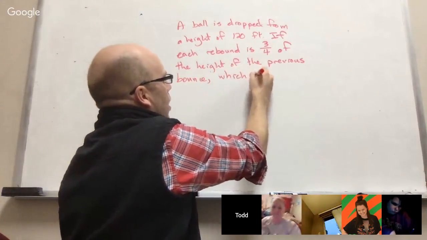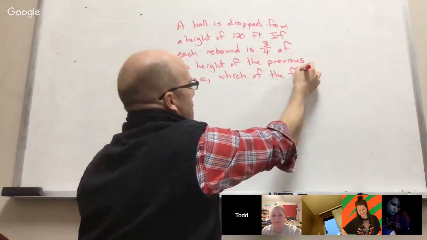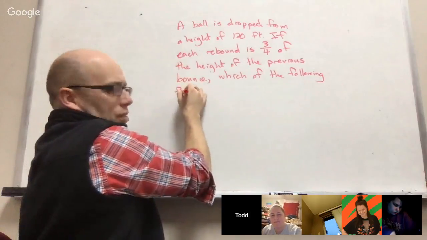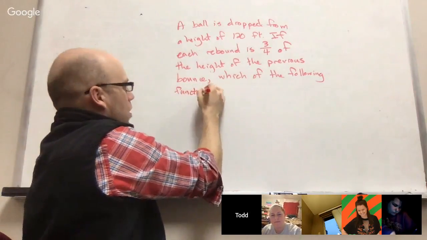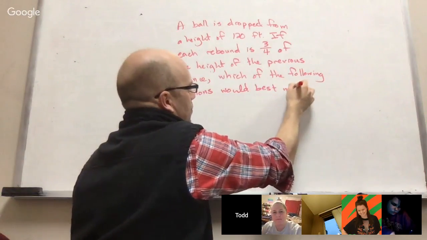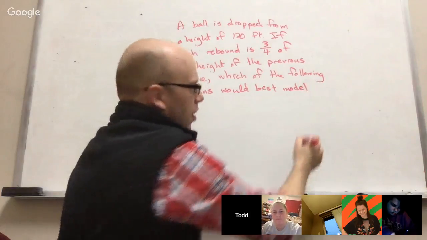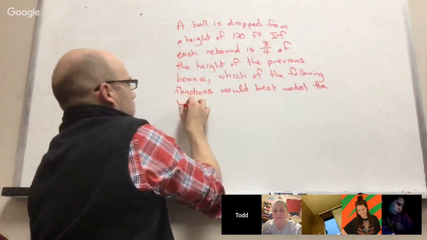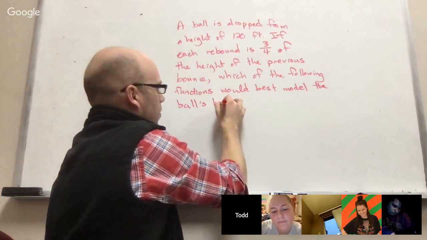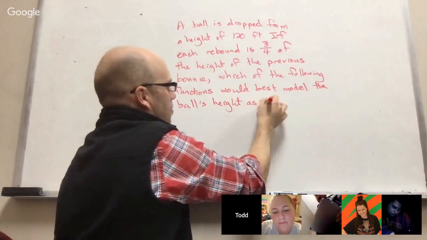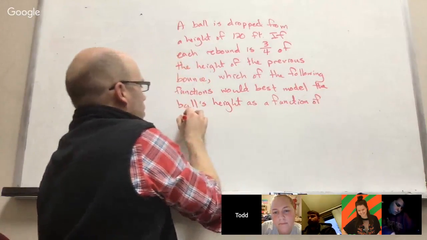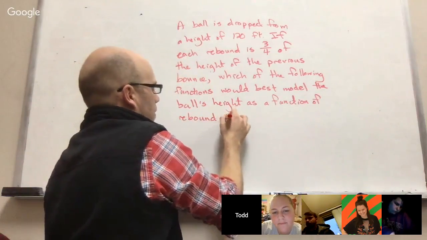Which of the following functions would best model the ball's height as a function of rebound number n?